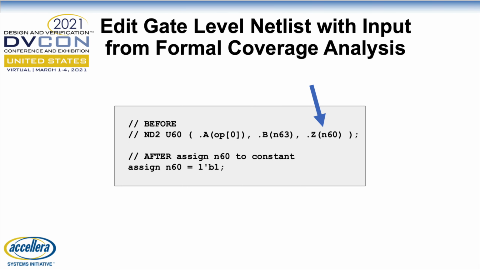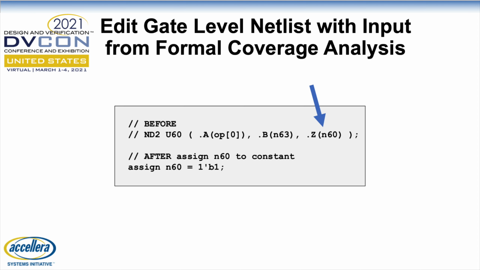So what we're doing now is we're going to look inside the netlist. And here we've looked inside and we found that N60 is the output of an ND2, decoding what these library cells are. This is a NAND2, so it has two inputs, A and B, and then they're NANDed onto Z, which is the output. So the driver of N60 is whatever that equation is.